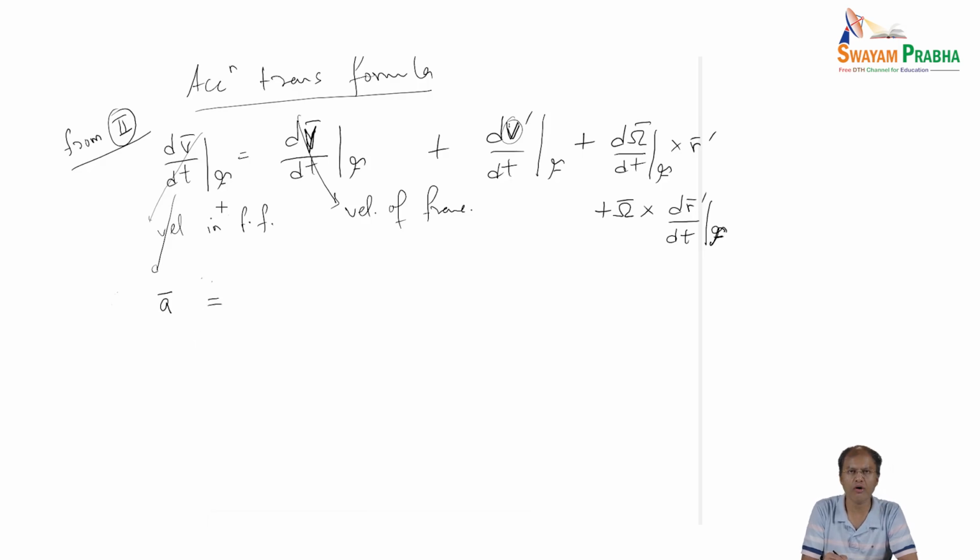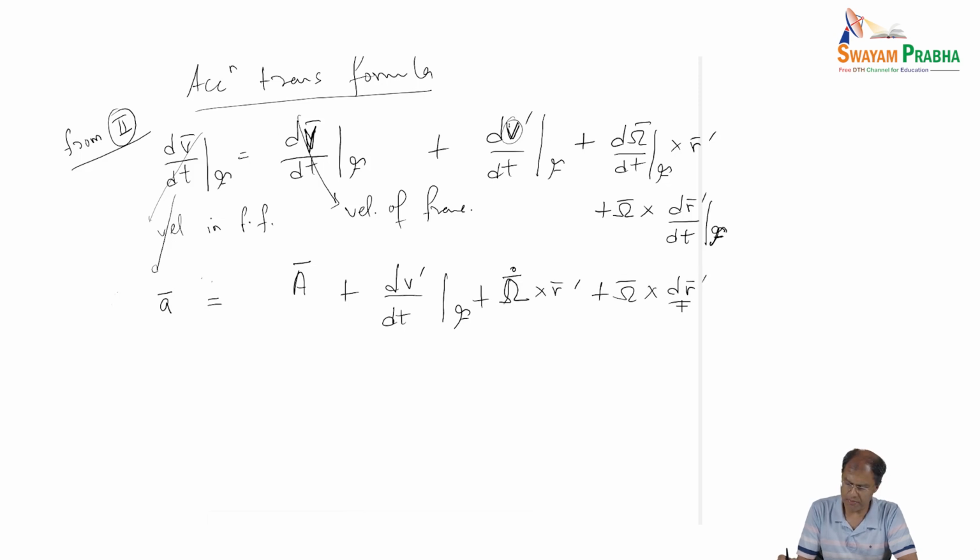So the acceleration of the object in the inertial frame is the acceleration of the frame, capital A, plus dv prime/dt at f, plus omega dot cross r prime, plus omega cross dr prime/dt at f. So this is omega dot. These are the various quantities.